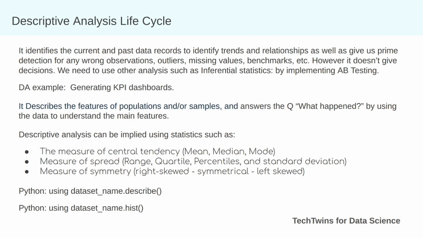Using Python, for example, if we run the describe function, we can collect the mean, median, mode, quartile, standard deviation matrix. And by using the histogram or .hist function, we can identify the symmetry of each variable.